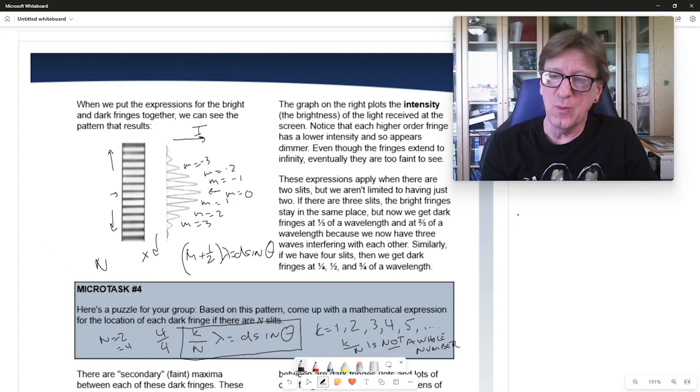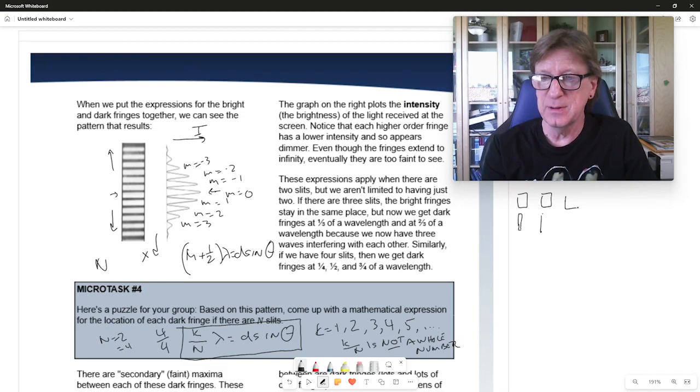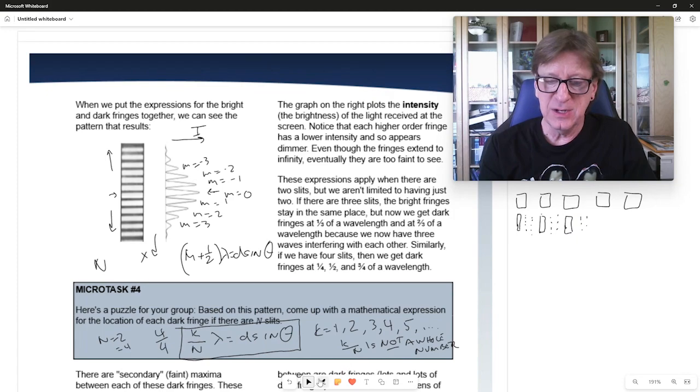And so what happens then is, let's say that my original was quite wide, like you see here on this side. Then what happens is, since I'm getting more dark fringes and then some very, very faint light fringes in between, the end result is that my primary bright fringes actually get narrower.